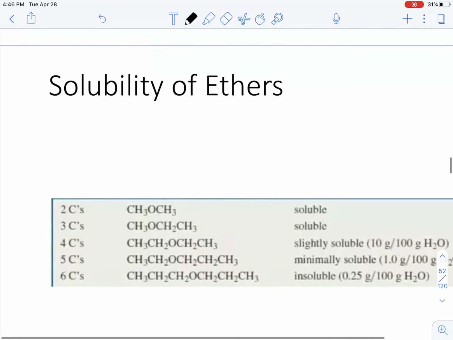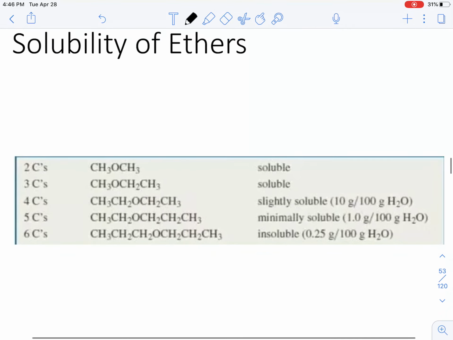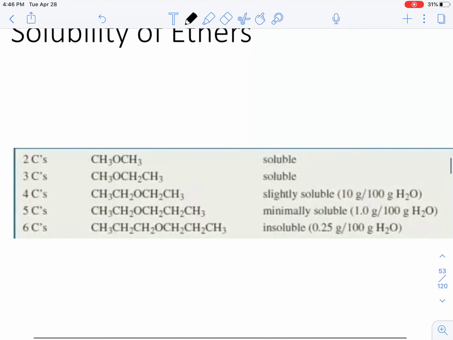Okay? And so this is a chart that demonstrates this idea of solubility up to a certain degree. Here, if you have a 2-carbon ether, that molecule is so small that the non-polar character of these carbons is going to be dominated by the interaction of the oxygen with water via a hydrogen bond.